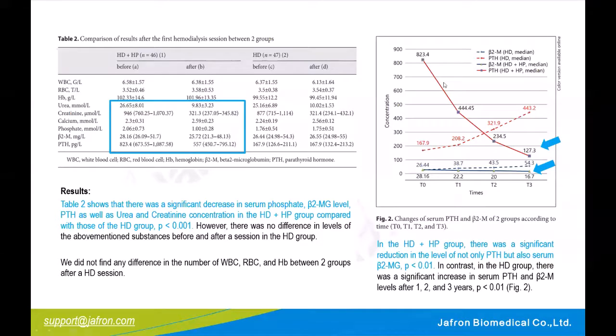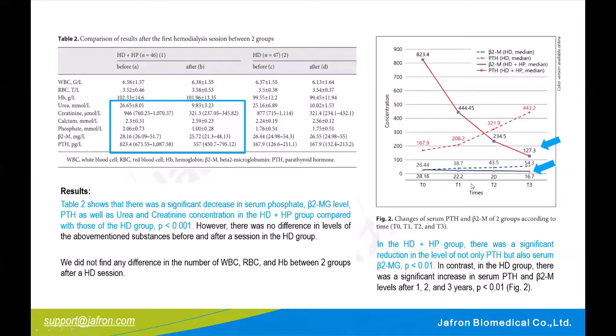Moreover, we can see the changes of iPTH and beta-2-MG. We can see these two lines, the red one and the blue one.